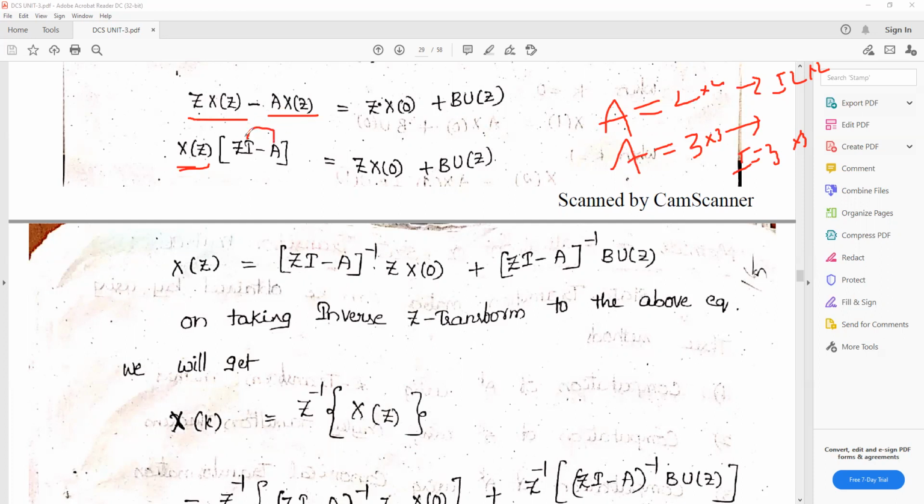zi minus a times x of z is equal to z into x of 0 plus b into u of z. So zi minus a is sent to the right side.